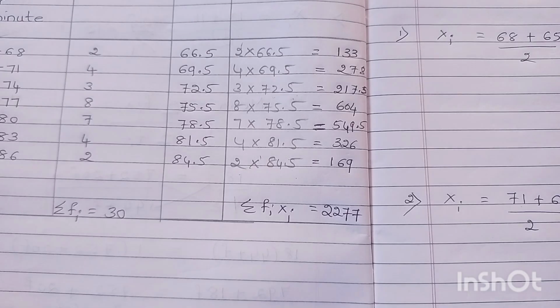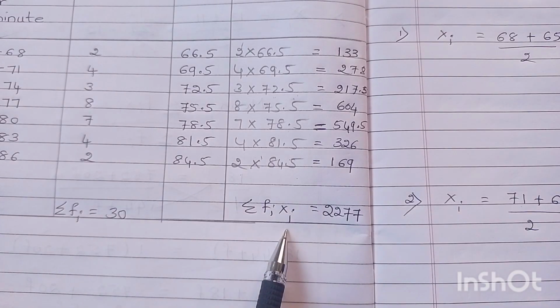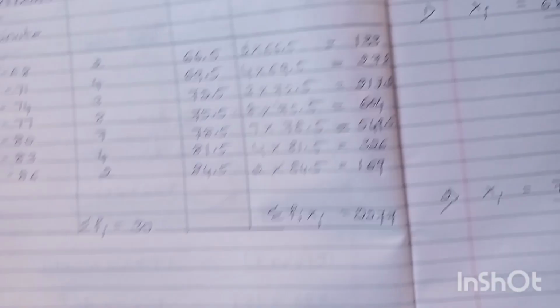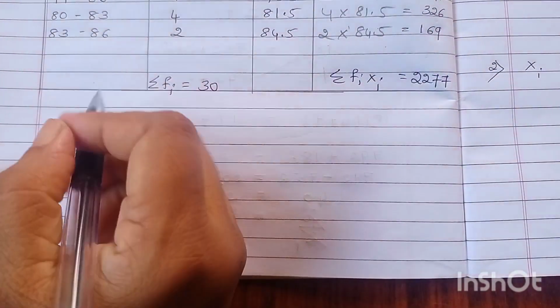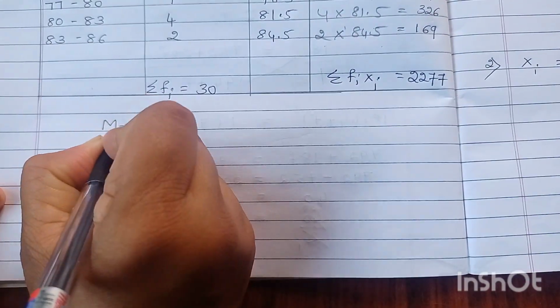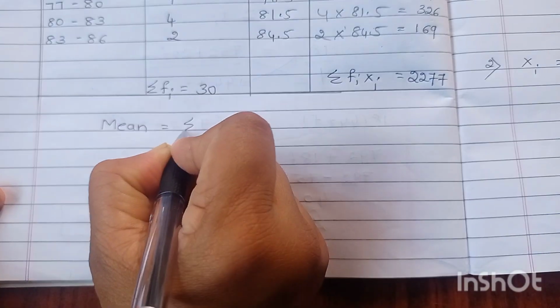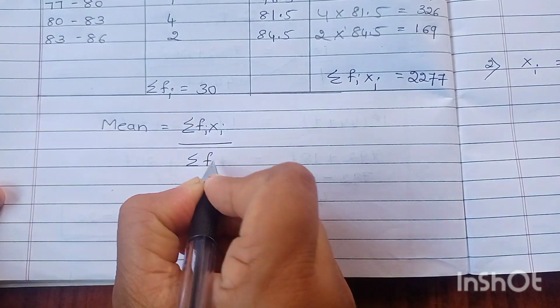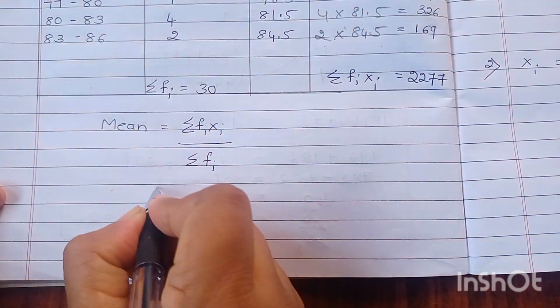Okay. Now let us substitute these two values in the mean formula to get the mean. See here, we know the mean formula: mean is equal to sum of Fi into Xi divided by sum of Fi. Right?